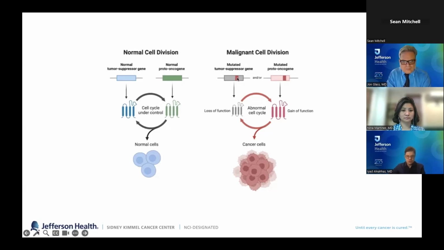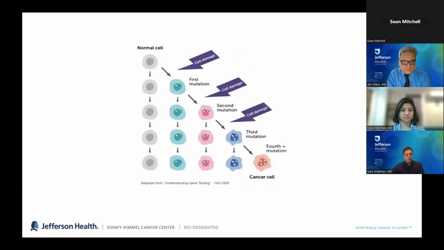These mutations can affect the tumor suppressor genes, taking away the brake from the cells so that they do whatever they want, or these mutations can happen in the oncogenes, which drive the cells to proliferate and grow and just get out of control. So what happens is that, again, we have a normal cell. It gets the first hit, the first cell damage, the first mutation.